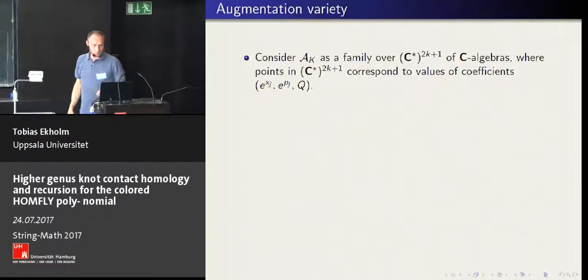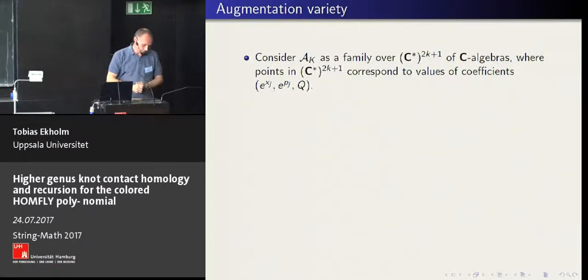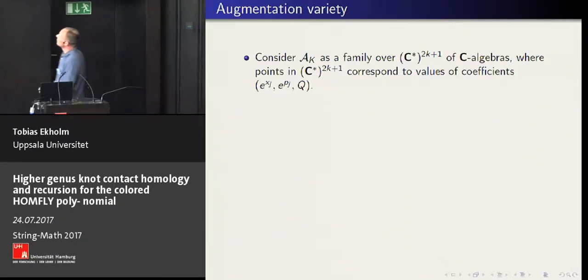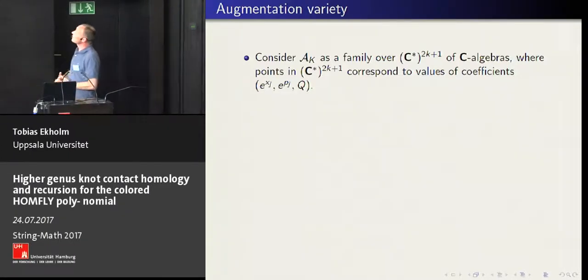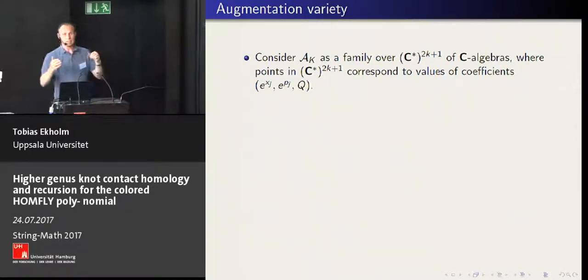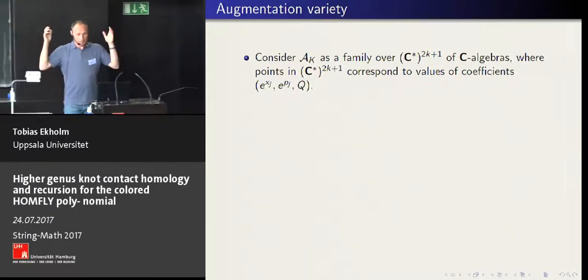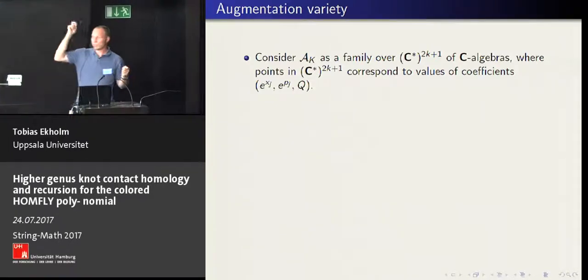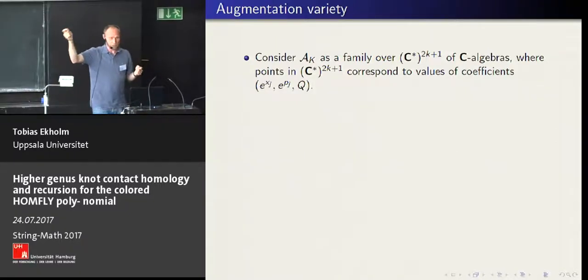Okay. Now, the last ingredient in this story is this augmentation variety, and we need a definition. So we consider these algebras. Remember, they were algebras over the group ring. So there was kind of one e to the x, one e to the p for each component.